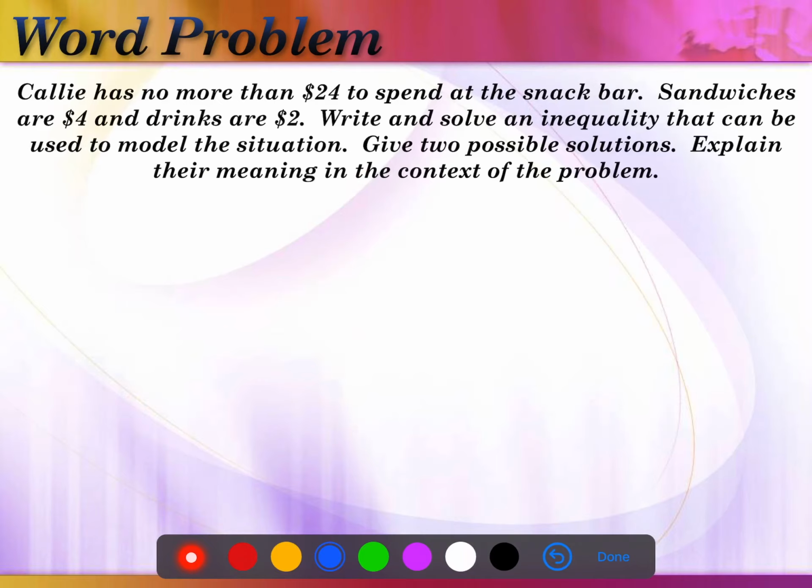Okay, so what's the first thing that we notice here? Anything that you notice, pause the video and write down your observations. Okay, so I see that there's 2 variables. There's sandwiches and there's drinks. So I'm going to need 2 variables. X is sandwich.